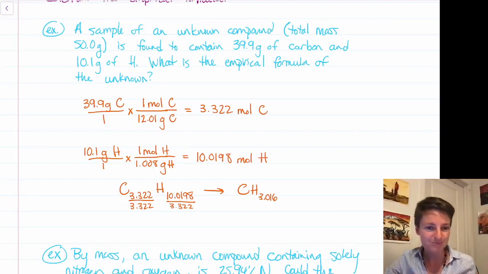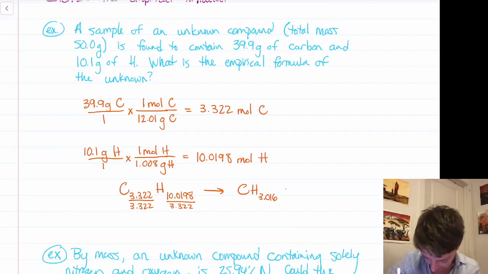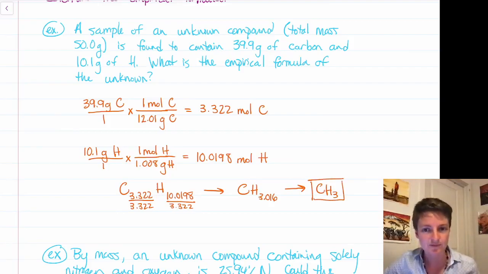Because all of these experimental determinations of empirical formula have a little bit of uncertainty or inaccuracy in them, it's pretty safe to assume that in this case, the actual empirical formula is simply CH3. And so that would be our final answer.